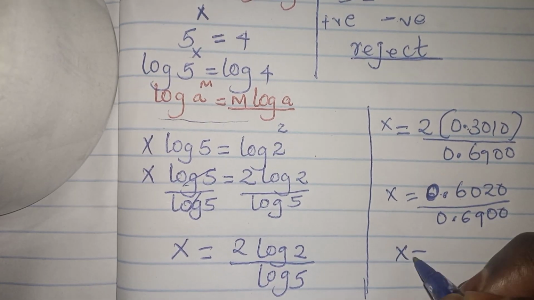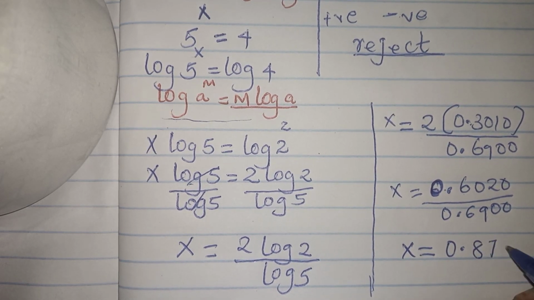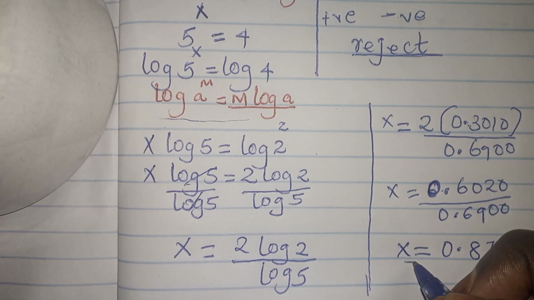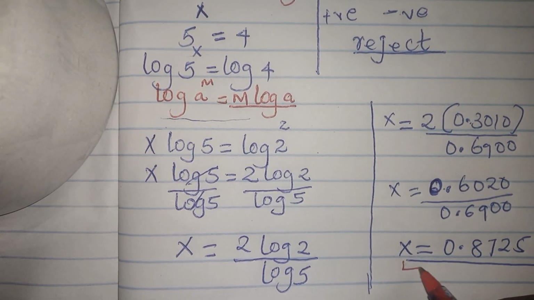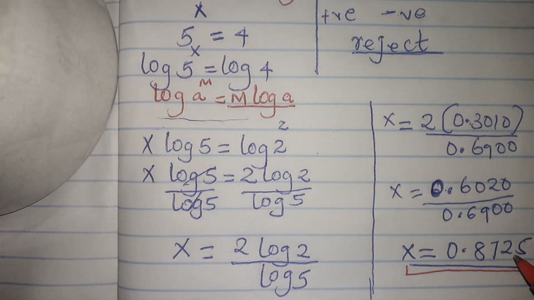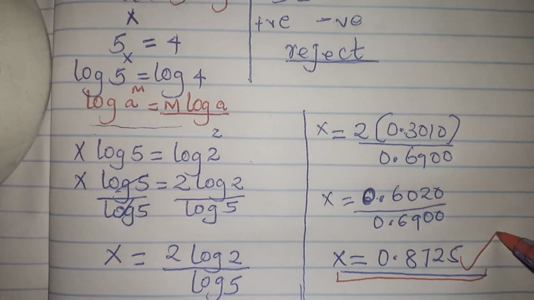So the value of x is equal to 0.8725, and this is the final answer. X is equal to 0.8725. So this is our final answer, right?